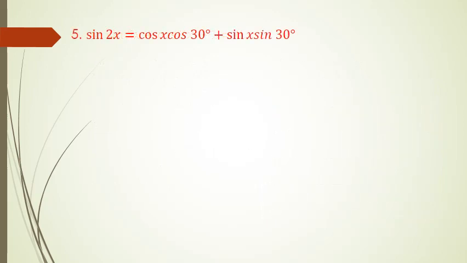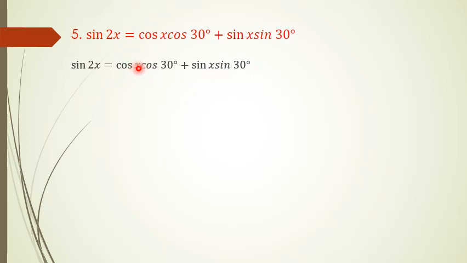Question number 5. Sine 2x equal to cos x cos 30 degrees plus sine x sine 30 degrees. Now, looking closely at the right hand side, which looks complex, we see that it is quite familiar.